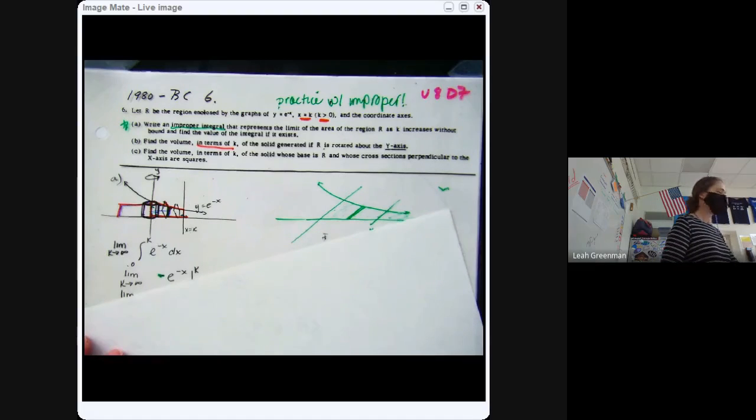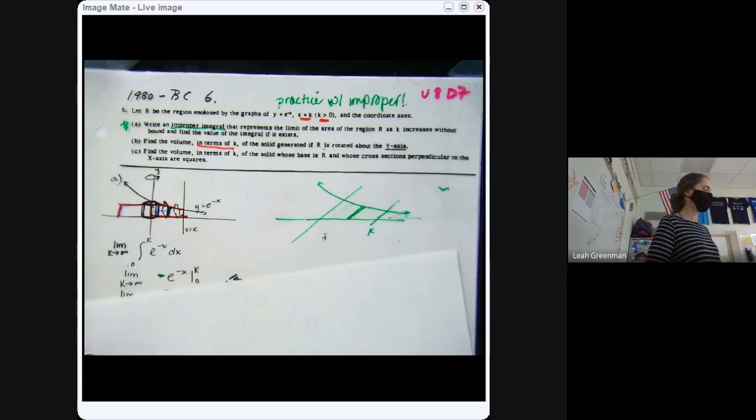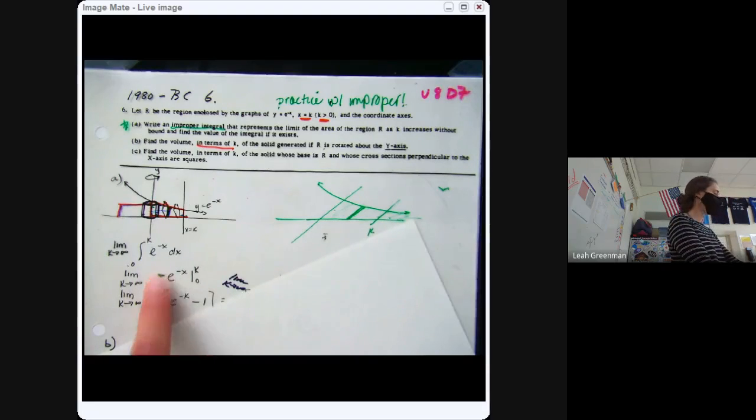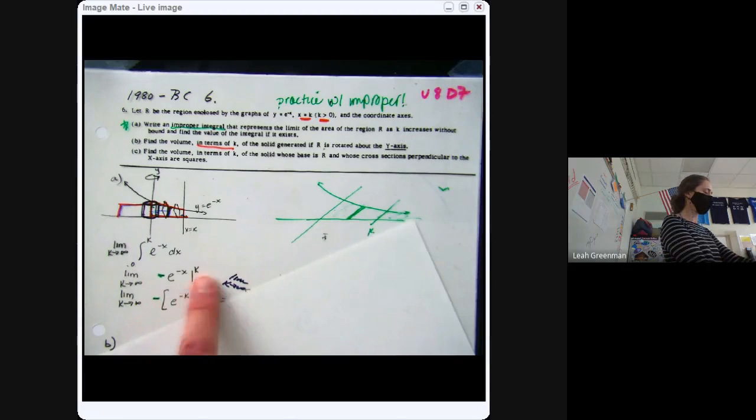So we keep the limit as k goes to infinity of negative e to the negative x. Evaluate. I pulled out the minus, up to you. Plug in the k, e to the minus k, minus plug in the 0, e to the 0 is 1.